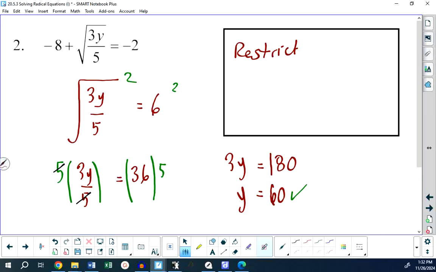Restrictions. We would say that the radicand must be greater than or equal to 0. Well, that means y has to be greater than or equal to 0. You can multiply both sides of that inequality by 5 and divide both sides by 3. You're still going to be left with 0.